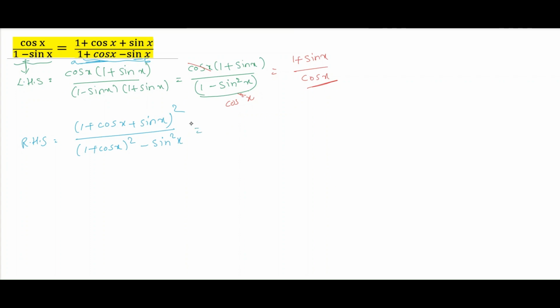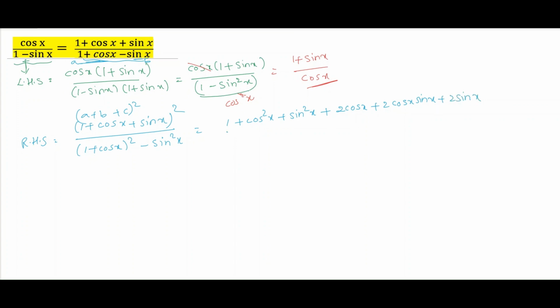We'll expand the numerator, it is like a plus b plus c whole square, and we know that to be a square plus b square plus c square plus 2ab plus 2bc plus 2ca. We'll use that. So a square plus b square plus c square plus 2ab, that is 2 cos x, plus 2bc, that is 2 cos x sin x, plus 2ca, that is 2 sin x.